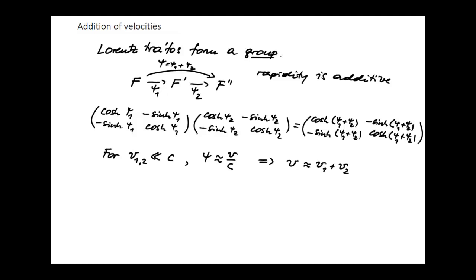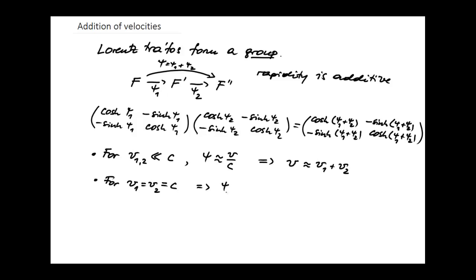But when you come close to the velocity of light, then you really have to work with rapidities, and they are additive. Let me just give you an extreme case, namely that v1 and v2 are both equal to the velocity of light.